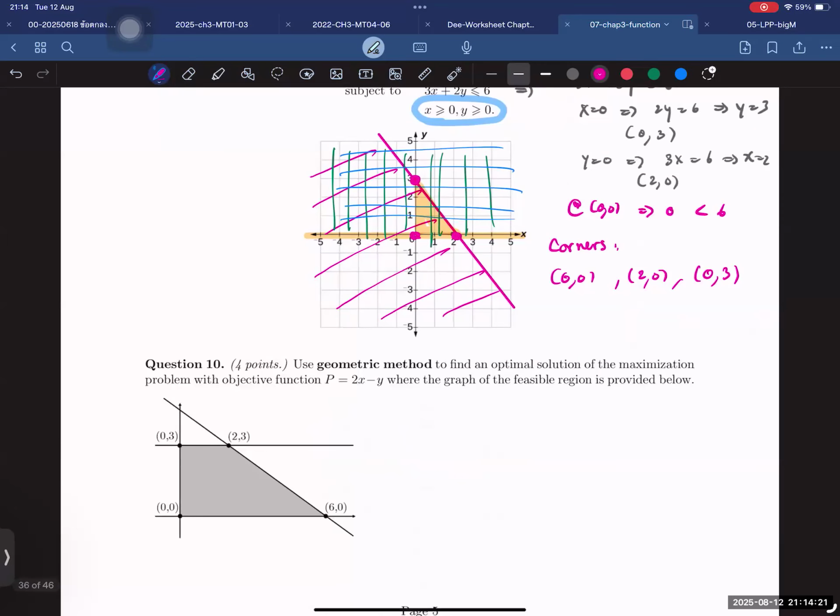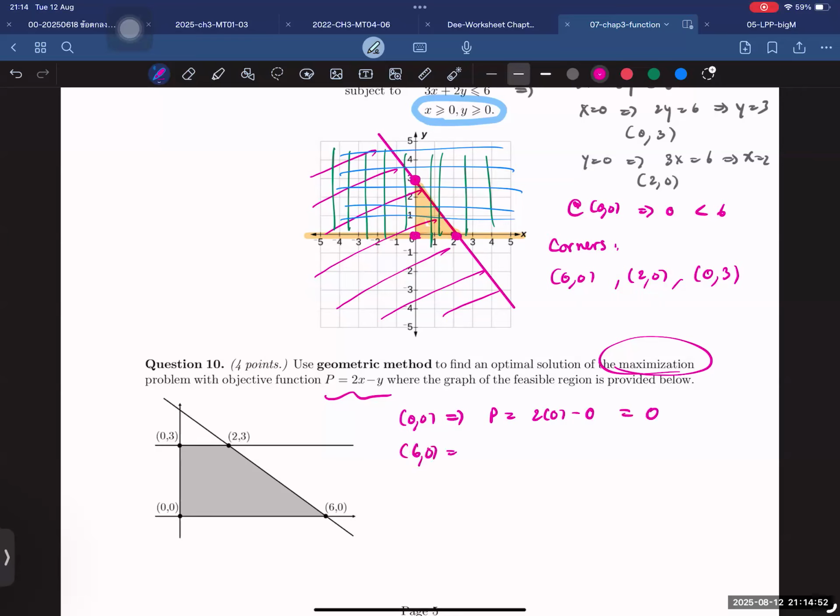Okay, in this case, they give you a feasible region like this with corners 0, 0, 6, 0, 2, 3, and 0, 3. And with this, they want you to maximize the problem, okay? Maximize. So you just put the corners into this and check which point gives you the maximum. For example, at 0, 0, we get P is 2 times 0 minus 0, which is 0.